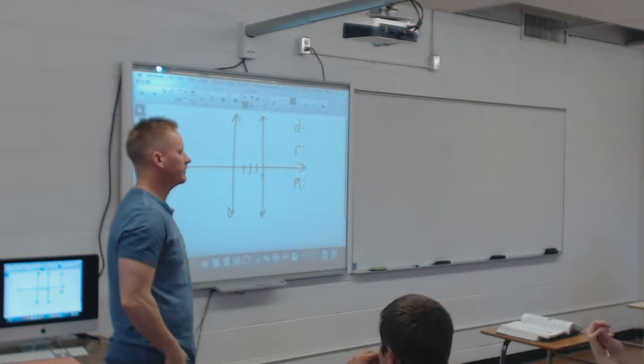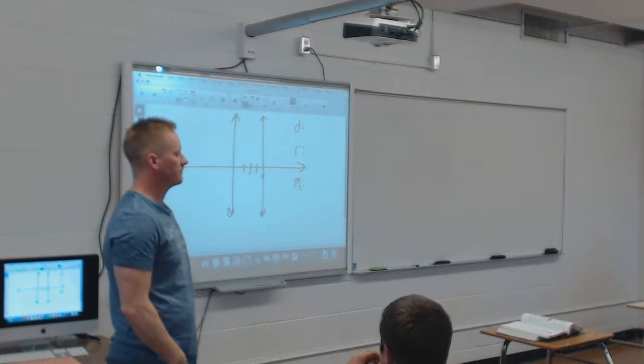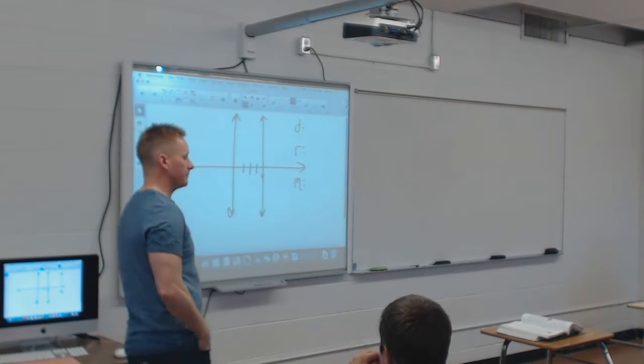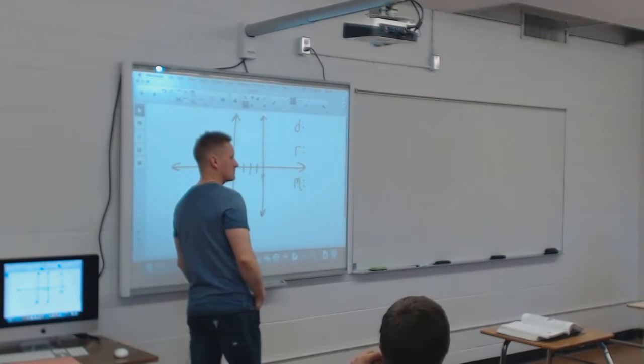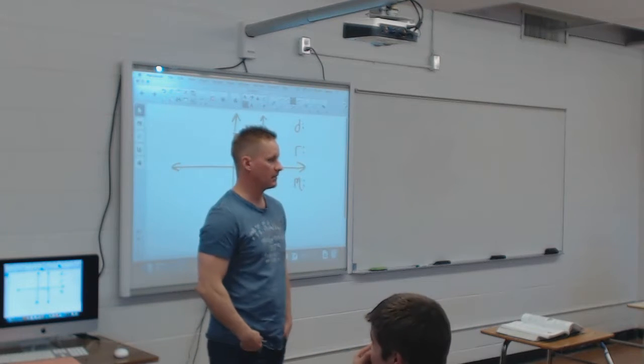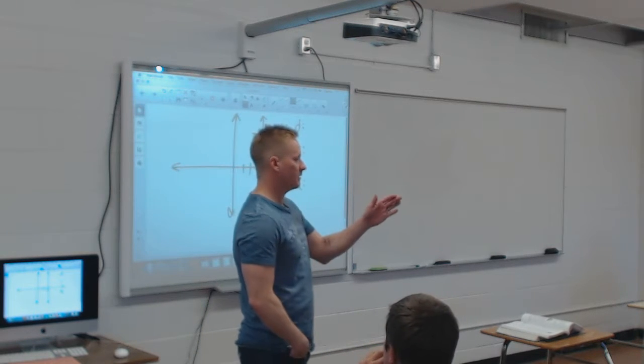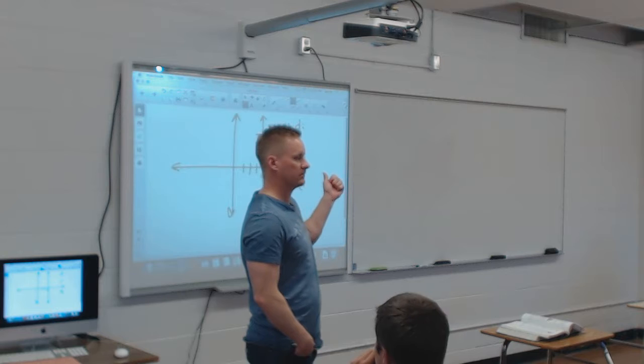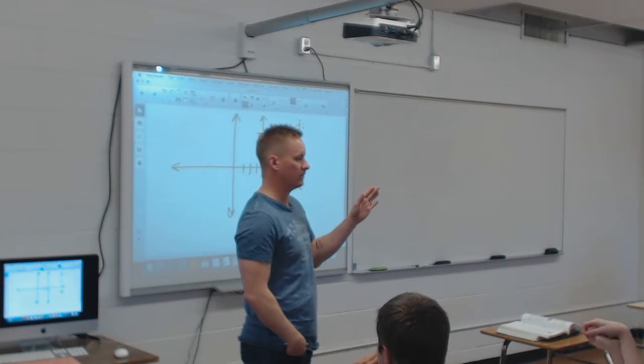The domain? Okay, remember. What's the domain? How far left does this graph go? How far right does it go?